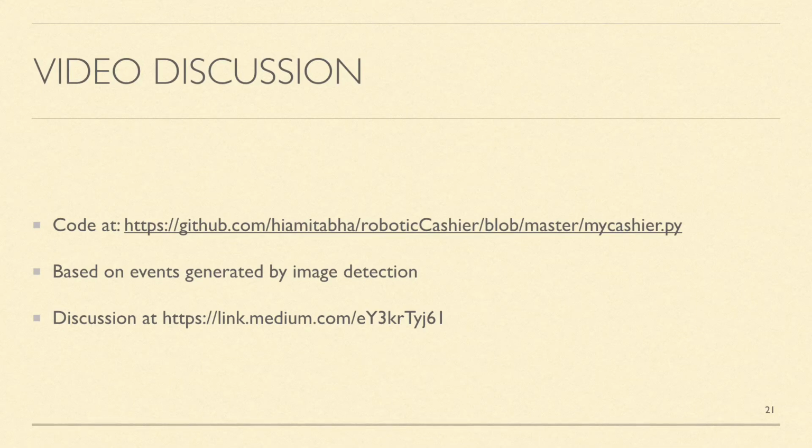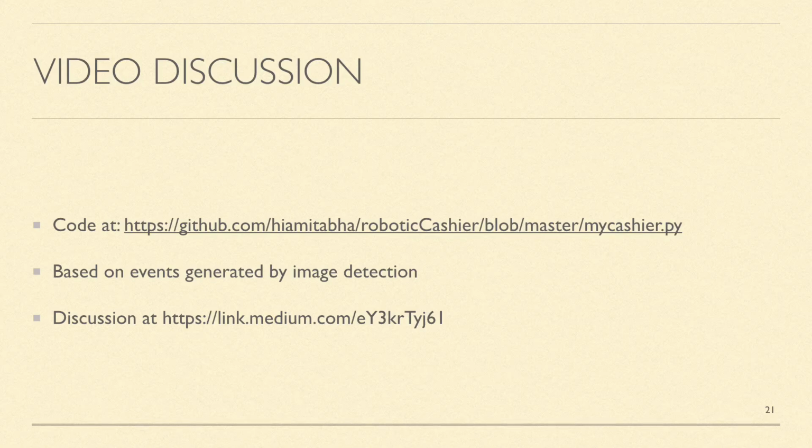Let us discuss the video that we just saw. The code reference is in the Git link provided. Now what's happening in this video is that first we need image detection, by which vector can identify the image which is pasted on the object and associated with the object. Once it defines the object, then computing the bill is fairly trivial.